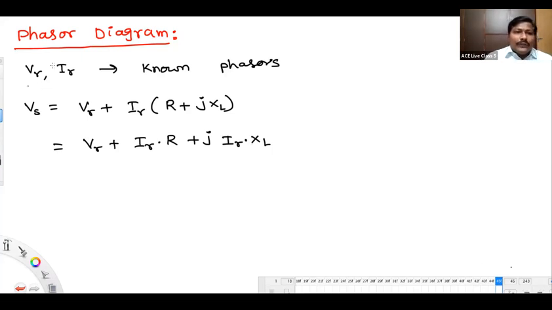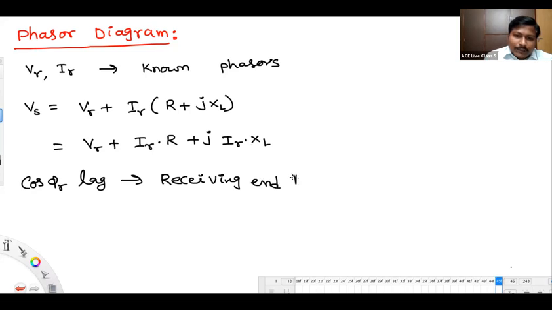See, from these two known phasors, VR and IR, I'll tell you first, receiving end power factor, or you can say load power factor also. Cos phi r lagging is the receiving end power factor.